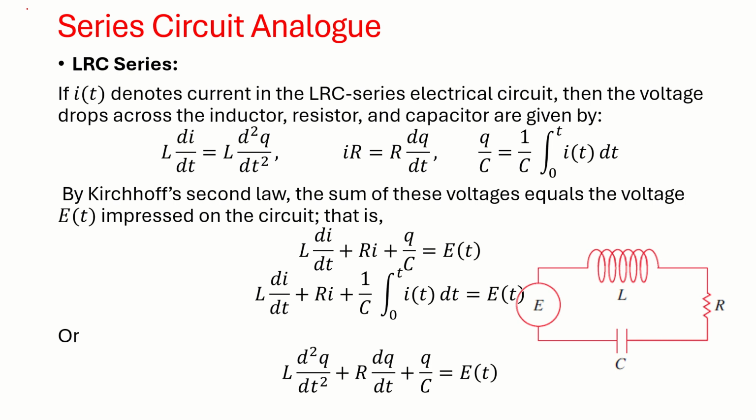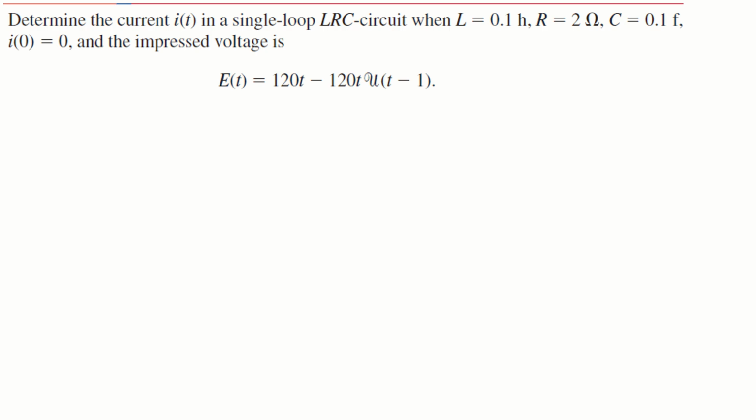That's the LRC, which involves obviously an inductor, a resistor, and a capacitor. Okay, so let's do some examples. It says determine the current I of t in a single loop LRC circuit where L is given as 0.1, R is 2, and C is 0.1.